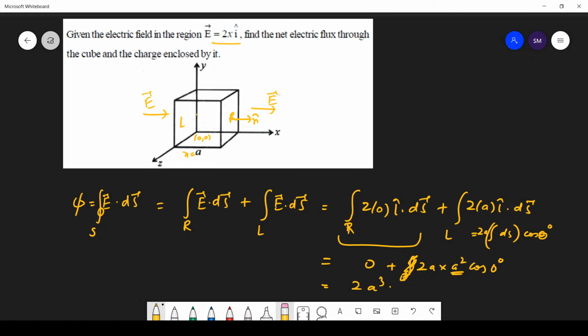Quite an important question, a sort of objective type question, but I have explained it to you. You will have these kinds of questions in your exams, and then you have applications of Gauss law.